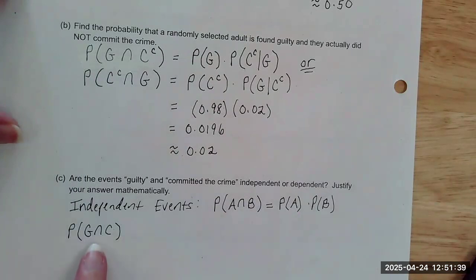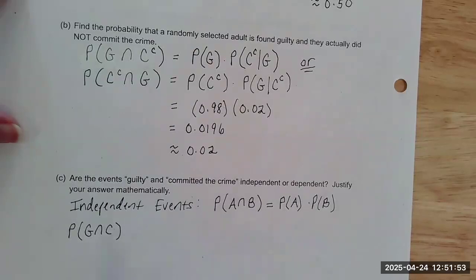And so we could find the probability of G. Okay, sorry. We don't need to use that one.